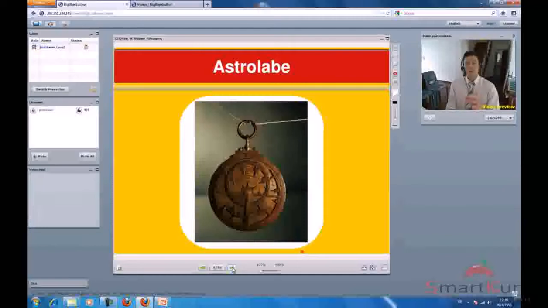Many different cultures had different types of astrolabes. And as they traded with each other and shared their ideas and their information about the stars, they were able to make better and better astrolabes.